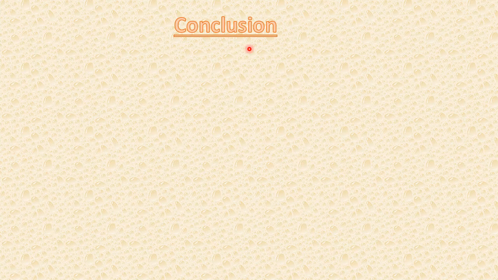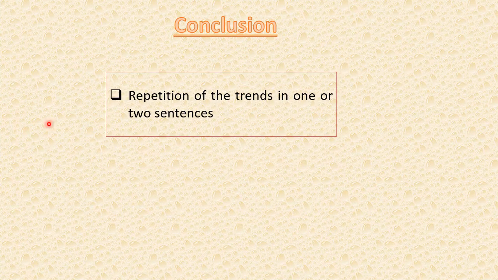Now, conclusion. In the conclusion, we will just repeat the trend we find. That is, we will rewrite the overview. We will write the overview or the trends in some other words, using some different words and phrases.